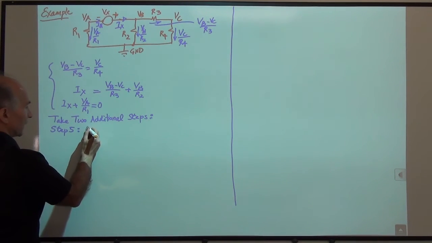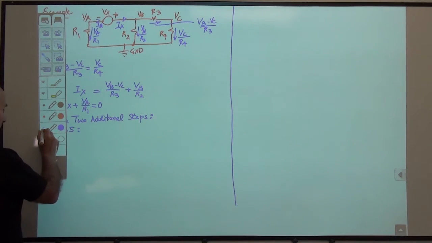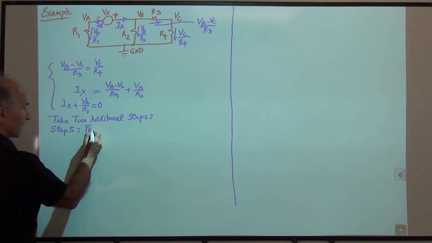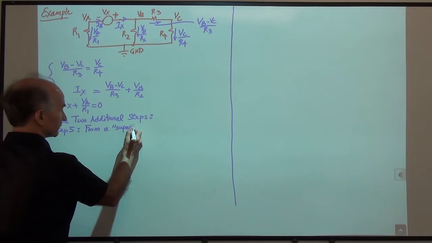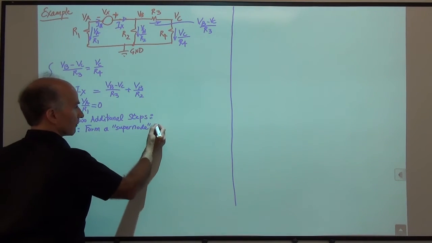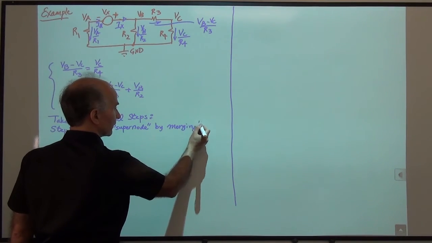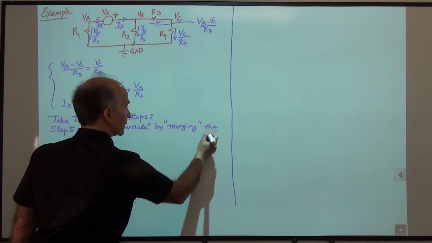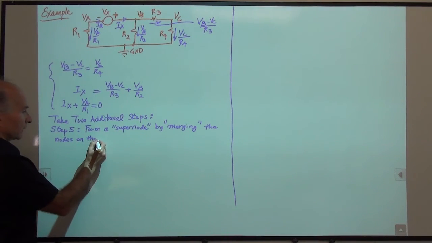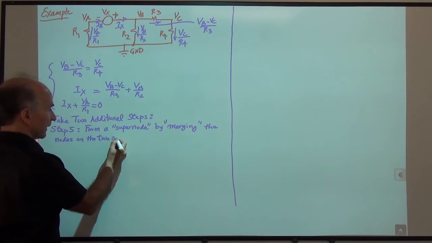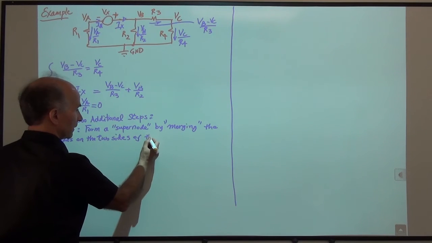Form a supernode by merging the nodes on the 2 sides of the voltage source.